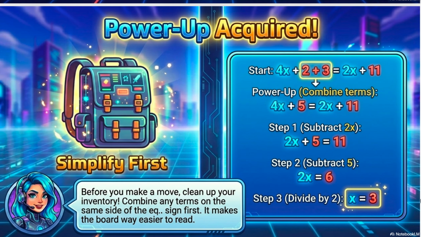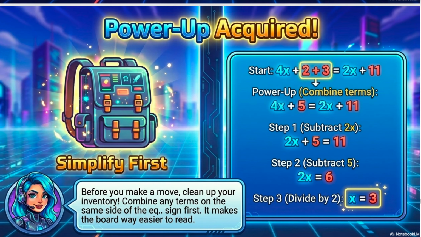Sometimes you really need to simplify before you even start moving terms across. Here the equation is 4x plus 2 plus 3 equals 2x plus 11. On the left side, I can combine 2 and 3 first. So that becomes 4x plus 5 equals 2x plus 11.